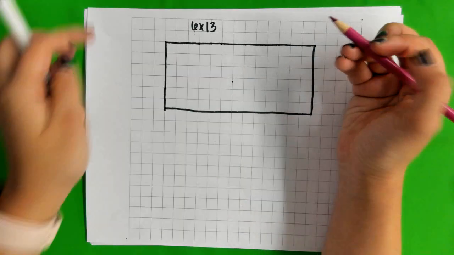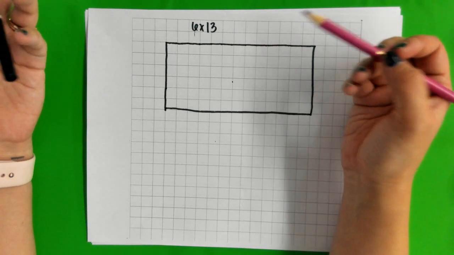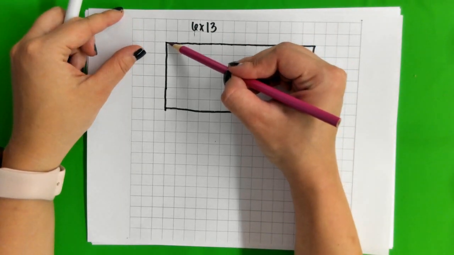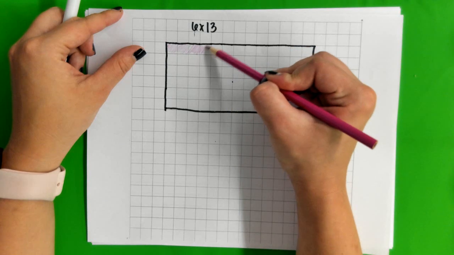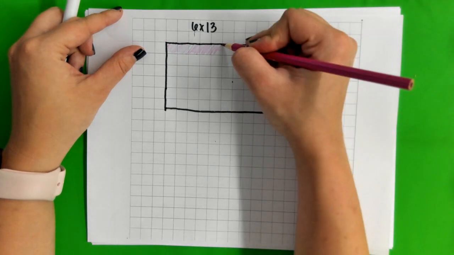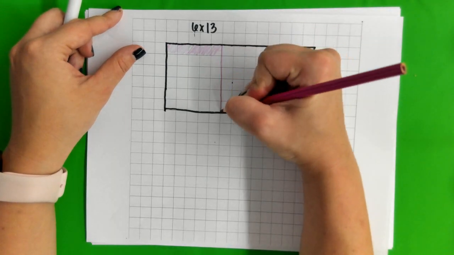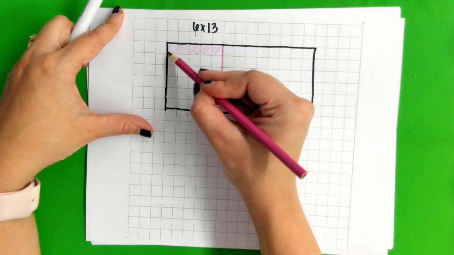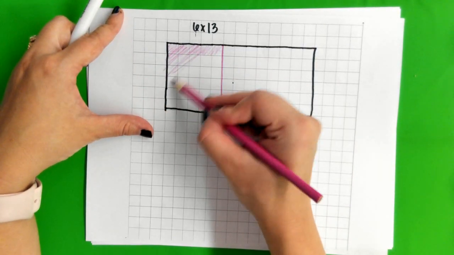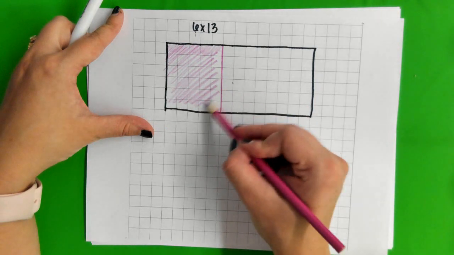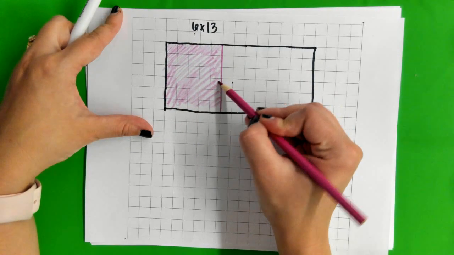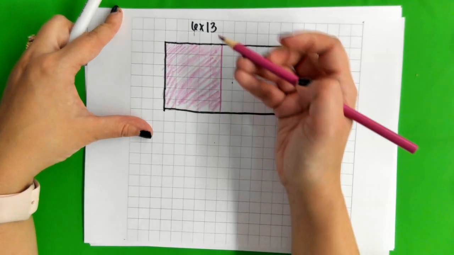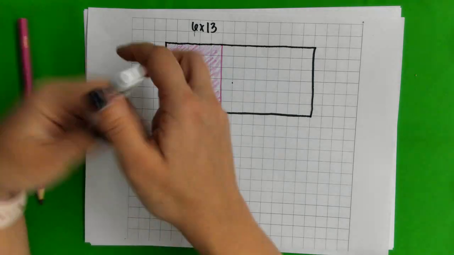So I know that I can multiply 6 times 5 in my head. So I can go 1, 2, 3, 4, 5. Color all of this in. And I know that 6 times 5 in my head is 30.